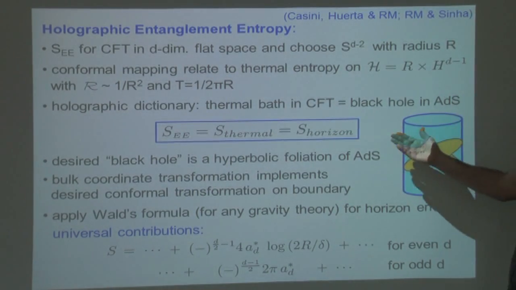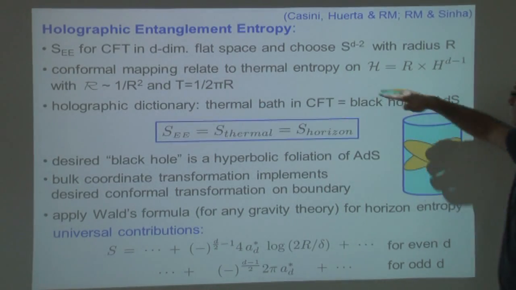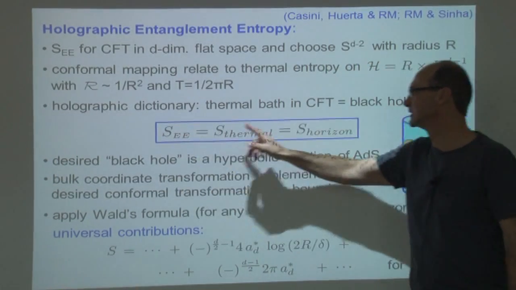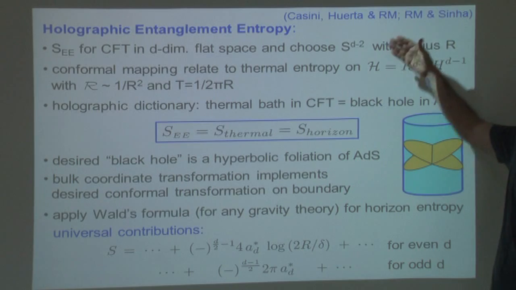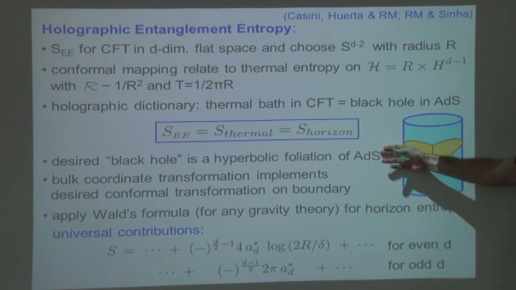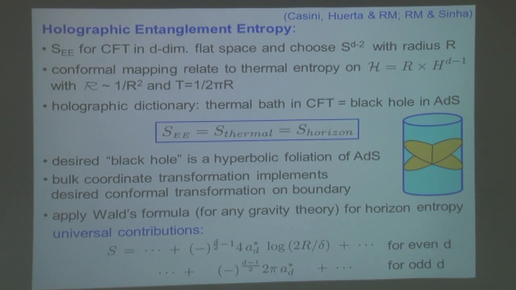Then we use the holographic dictionary to say thermal bath, black hole. And so our original entanglement entropy is equal to the horizon entropy if I'm doing the AdS space, and I find the appropriate black hole. It turned out that black hole was actually just a particular foliation of AdS space, the so-called AdS Rindler coordinates.